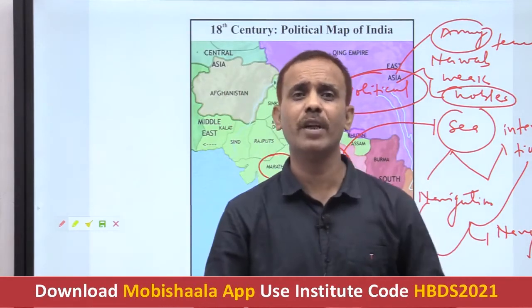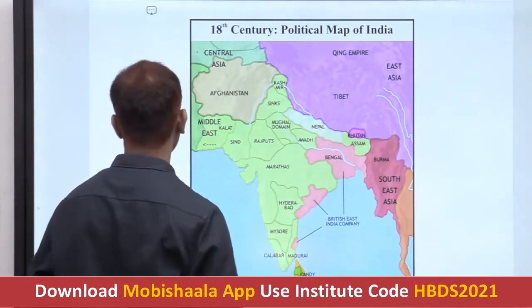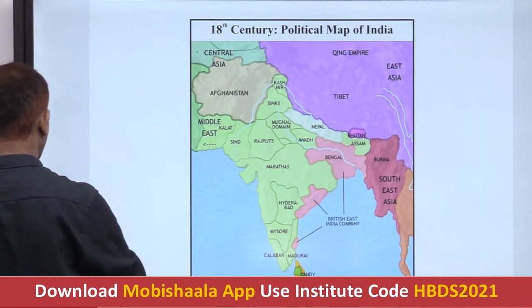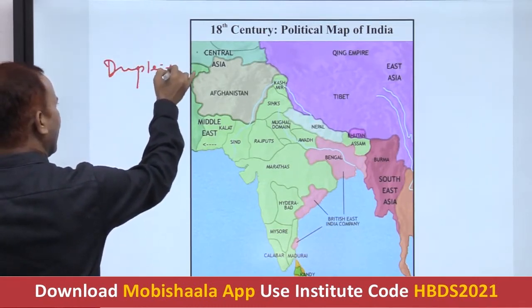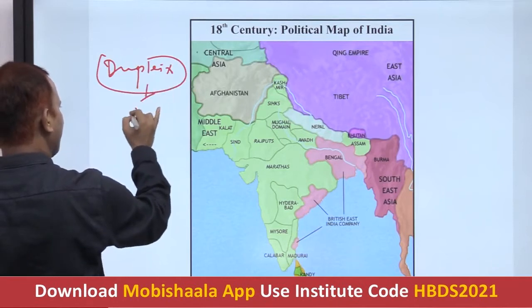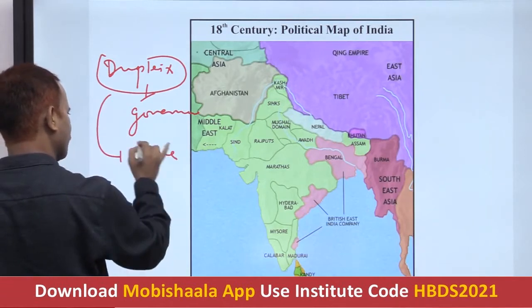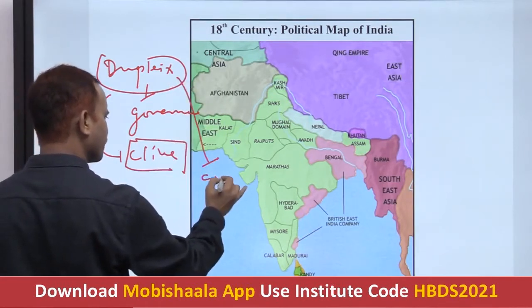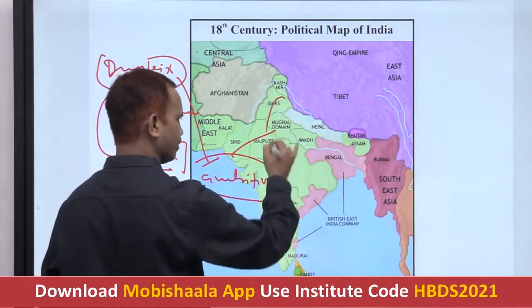And that's why historian Marriott said that Dupleix, a French governor, and Lord Clive, the British military commander, both were ambitious to create British Empire in India.